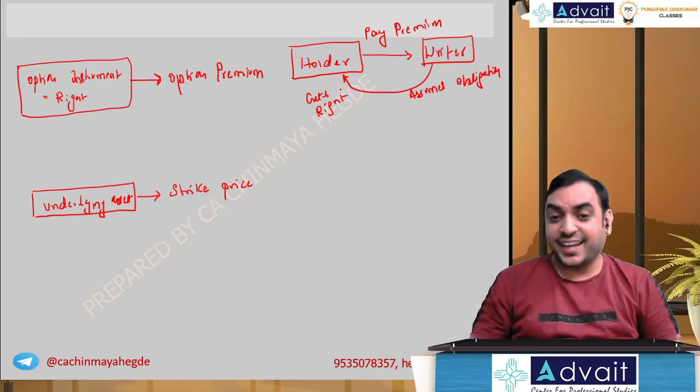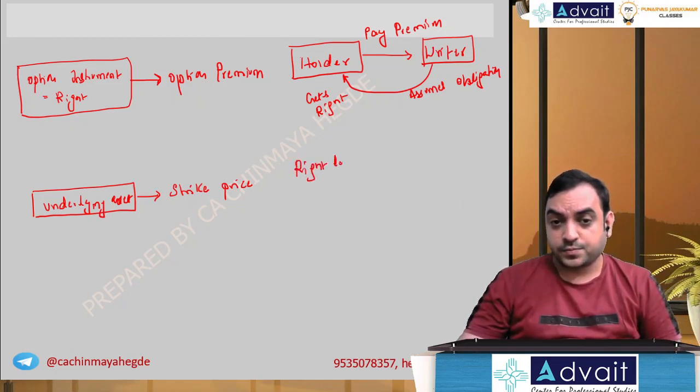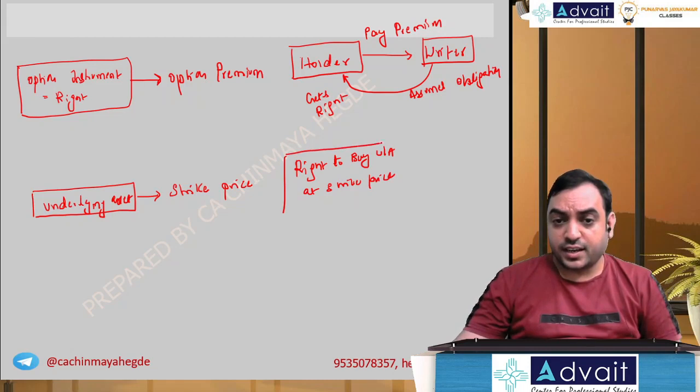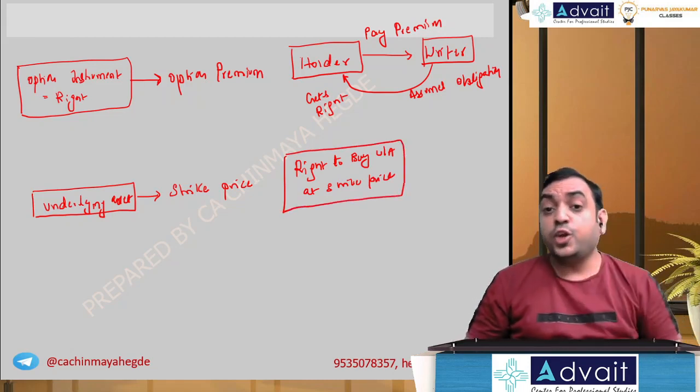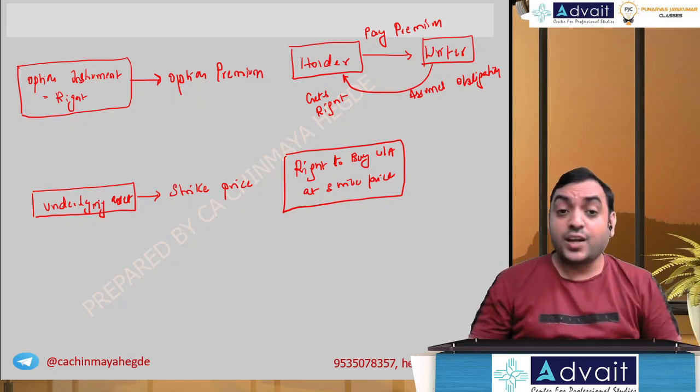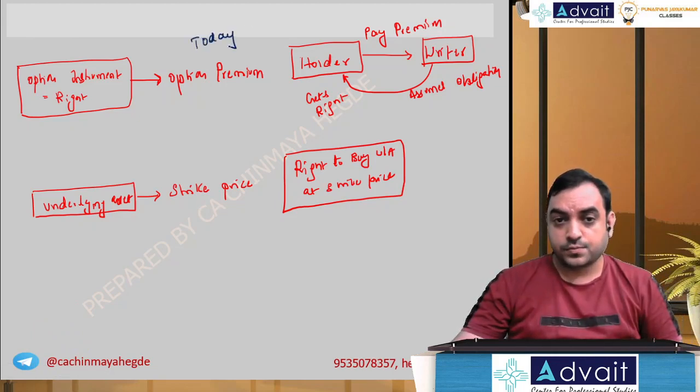And what right do I get? The right to buy the underlying asset at the strike price. And when do you make the payment? Not today, on expiry. I'll explain all this stuff practically, don't worry.